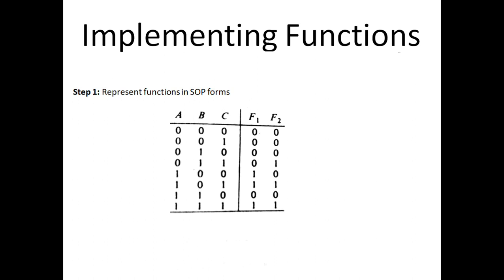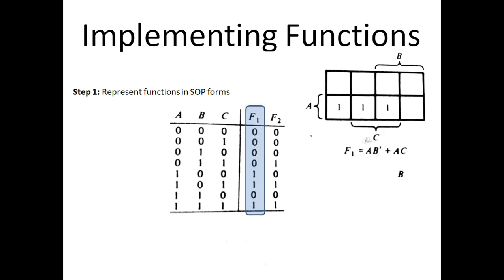To represent a Boolean function in the sum of products form, we can follow the classical K-map approach. So we have to simplify these two Boolean functions and represent them in the sum of product form.